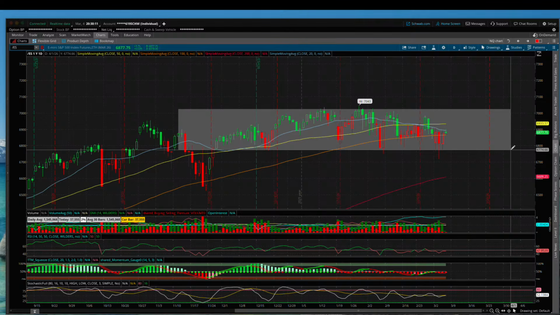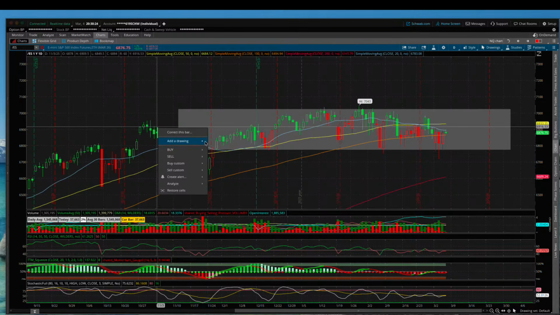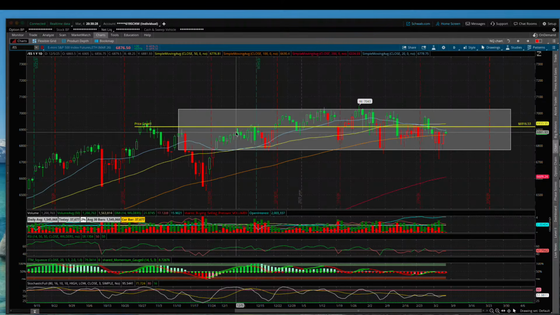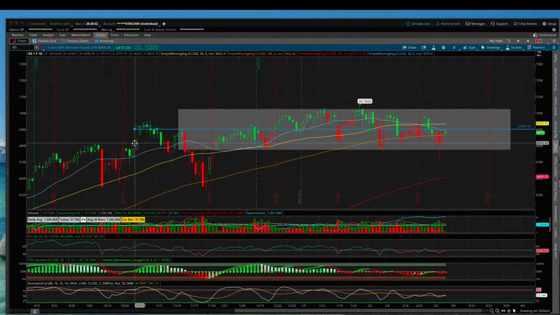We're still in this box, kind of going sideways. Here's the mid level of the box, about right there.